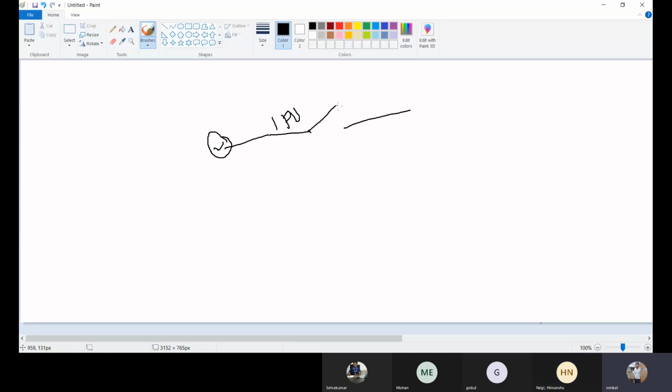Now the disconnector is slowly closing. This scenario can be created because when the disconnector has opened in the previous condition, it leaves some trapped charges on this side, this part of the station.